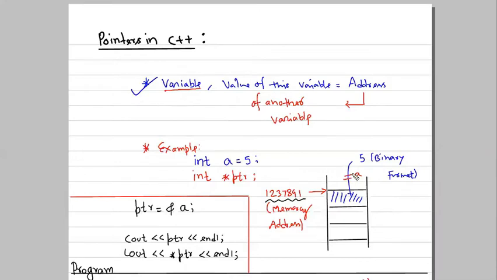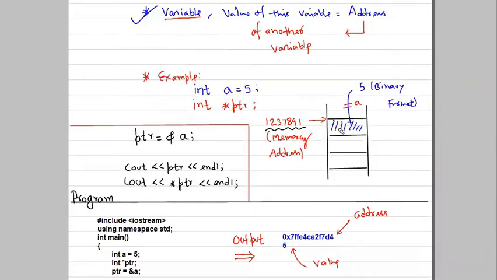Let's talk about it at the memory level. Let's say there is a memory chunk where we are going to store the integer a equal to 5, which is the value of the integer. As we know, an integer in C++ is 4 bytes, right? So we provide 4 bytes of memory, and the binary of 5 will be stored in this 4 byte memory chunk.